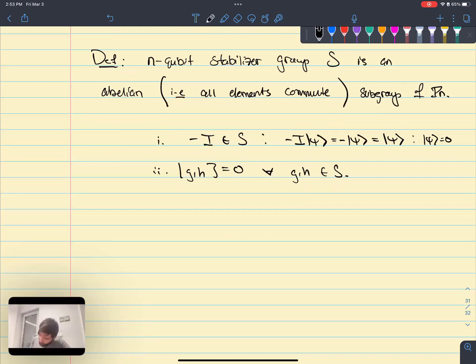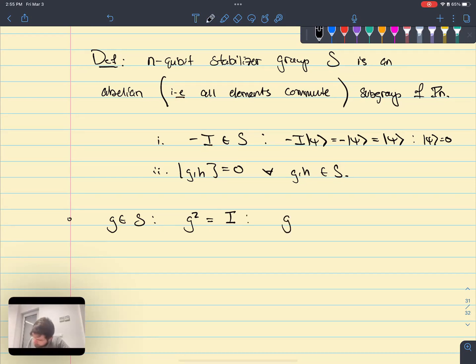We also have that for any G inside the stabilizer, since it's a Pauli operator and it's not negative I, which we said it can't be, that also implies that the coefficients can't be plus or minus i. I will not show that. So I can take any Pauli that satisfies these conditions, and the square of it will be equal to the identity.